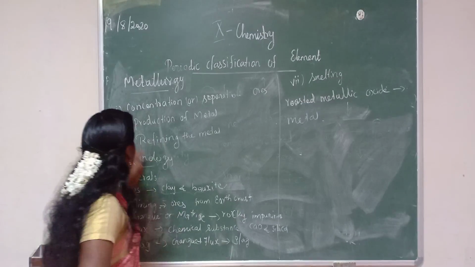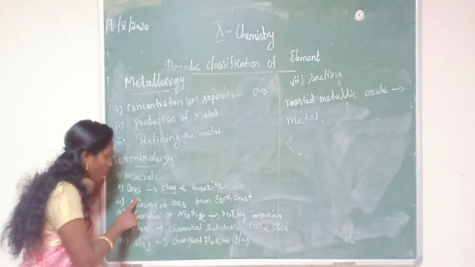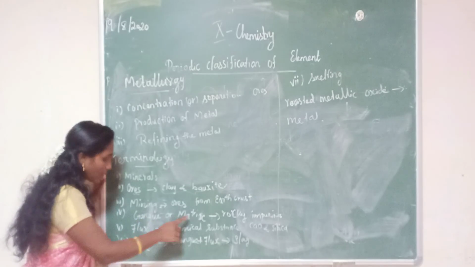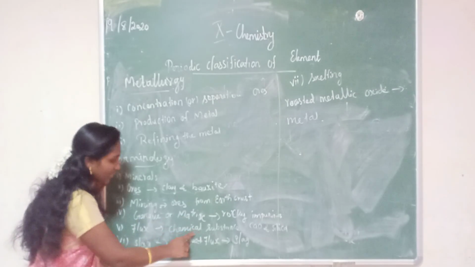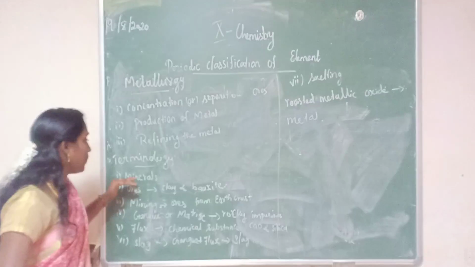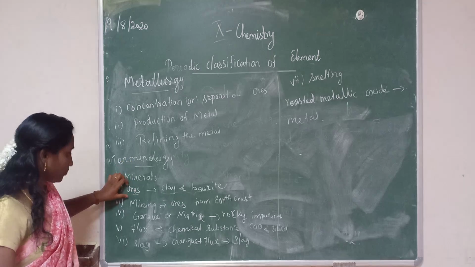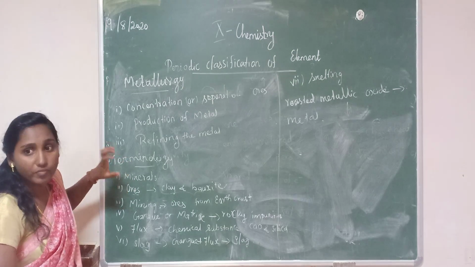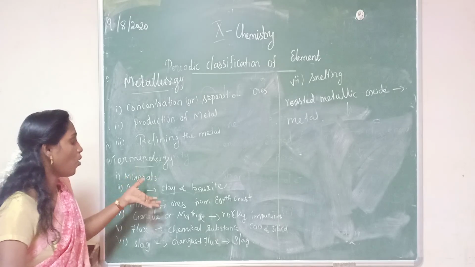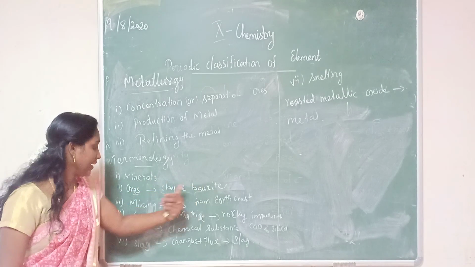Have you understood? So what are the terminologies in metallurgy? Minerals, ores, mining, gangue or matrix, flux, slag and smelting. Minerals means a single compound or complex mixture. Ores means which mineral can give more metal. Example: clay and bauxite.